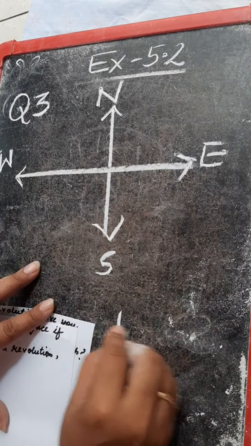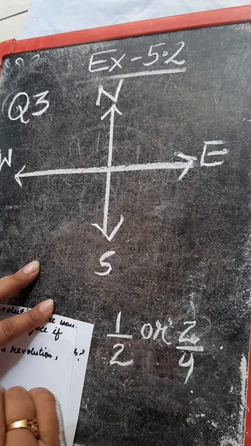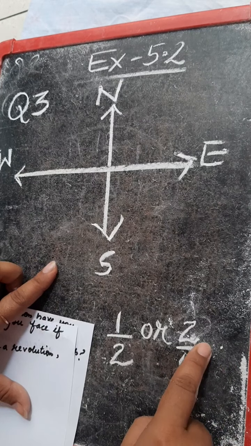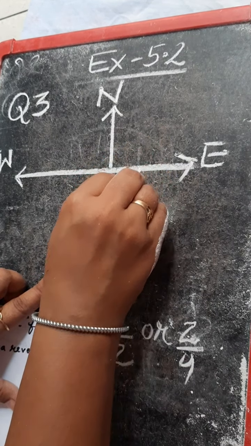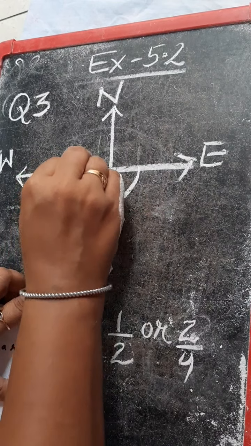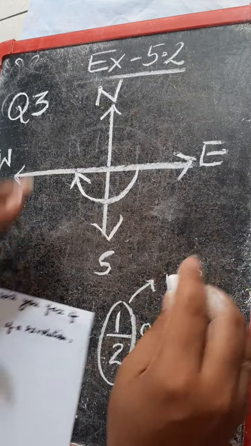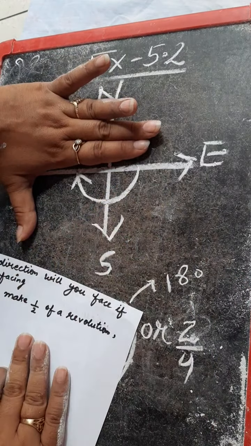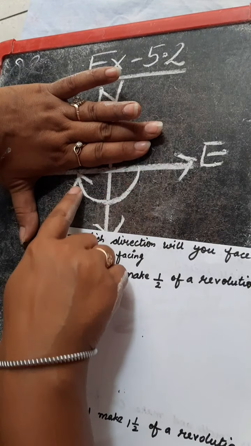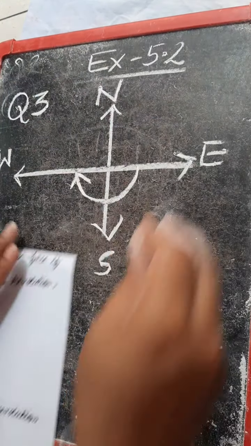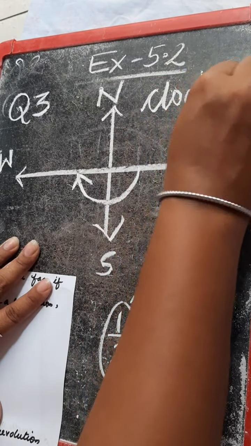Here we have half of a revolution. Half of a revolution can be written as 2/4, which means we have to cover 2. Here the fraction is 2/4. So it starts from E, and this is the half revolution. As we know, half revolution makes an angle of 180 degrees, and this also makes an angle of 180 degrees, and you have to move here clockwise. So this is the movement clockwise, and here I will mention that the movement is clockwise.